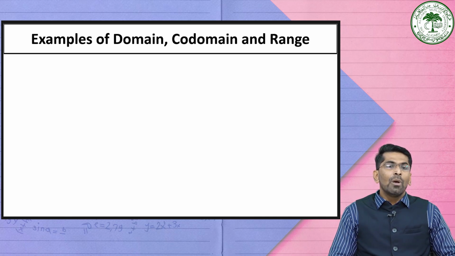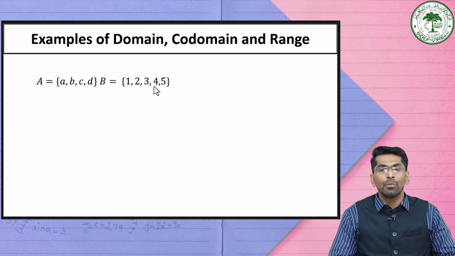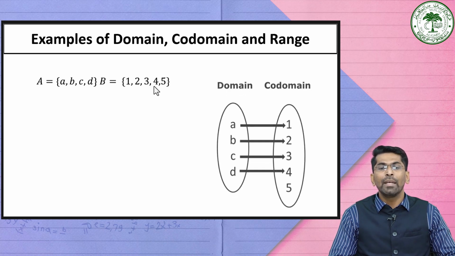Now consider an example of a domain, codomain and range. Consider set A equal to {a, b, c, d} and set B equal to {1, 2, 3, 4, 5}. We can show a relation between these two sets using a mapping diagram.